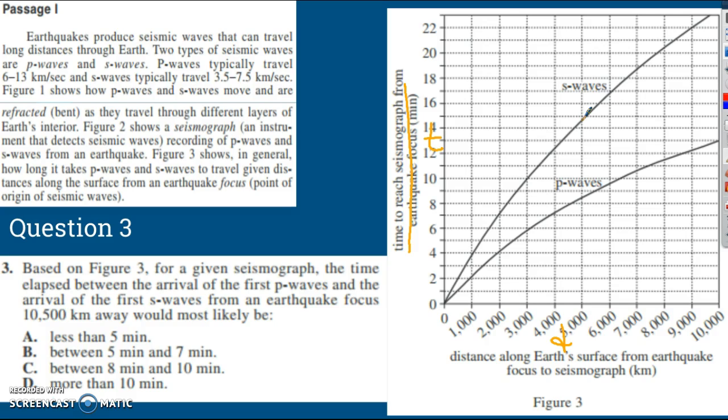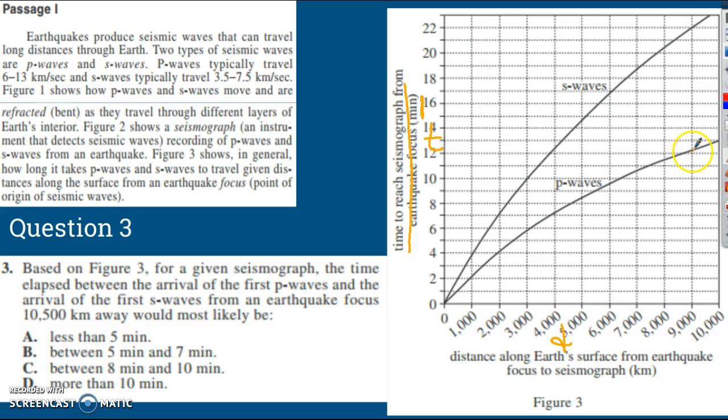For a given seismograph, the time elapsed between the arrival of the first P waves and the arrival of the first S waves from an earthquake focus more than 10,500 kilometers away must be what? So the time elapsed between the two, this is in minutes here. Here's 10,000. We're looking at 2,500.